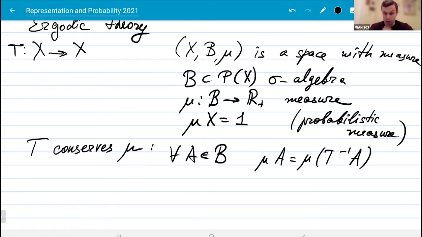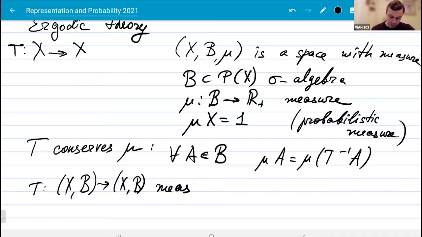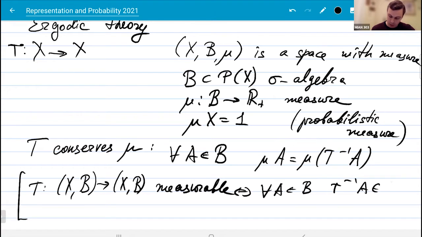Well, there are two reasons. One of them is just formal. You can say that T from (X, B) to (X, B) is measurable. This means that for any A in B, T minus 1 of A also belongs to B. This is just the definition of measurability, that the pre-image of any measurable set is again measurable.